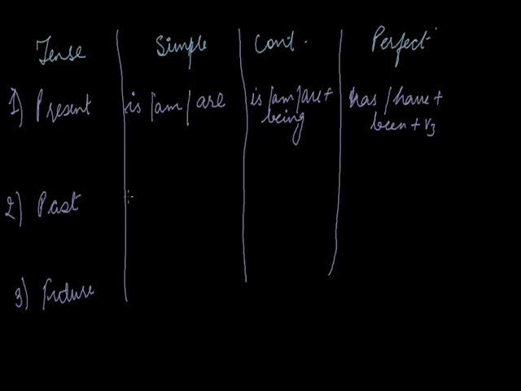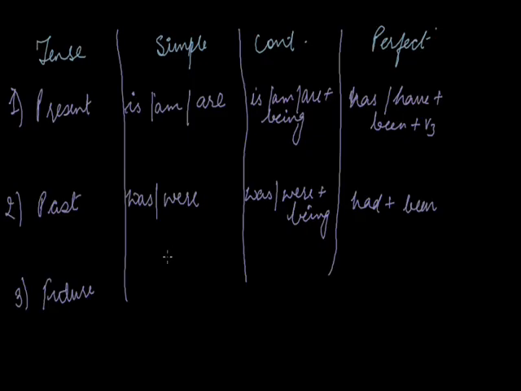Now, for the past tense you have was, were along with V3, and in past continuous you have was, were plus being plus V3. Now, in the perfect tense you have had plus been plus V3. Now in the simple future you have will, shall plus be plus V3.